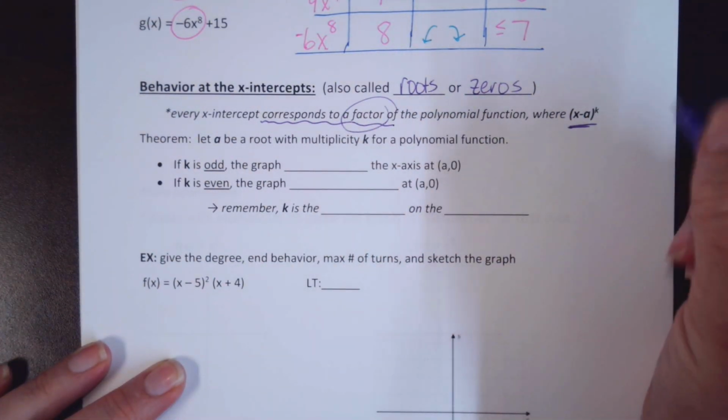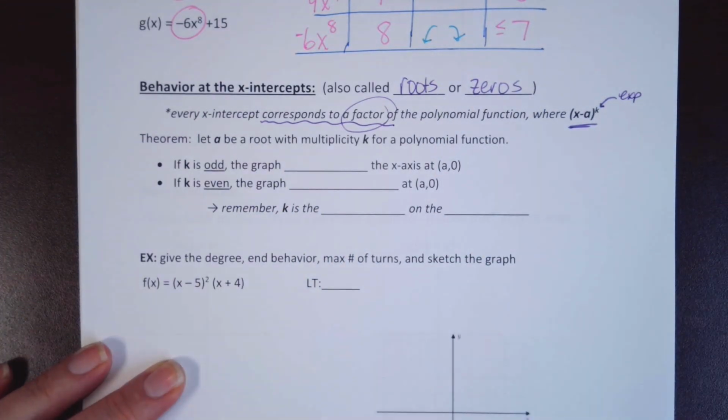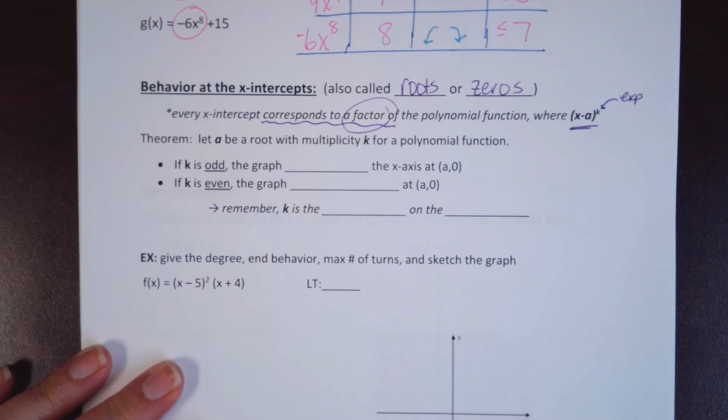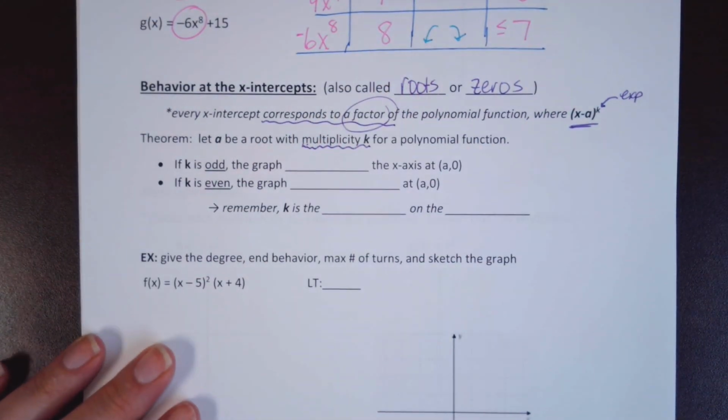And there's my factor. My factor has an exponent. That exponent or degree on the factor is my multiplicity. Multiplicity is the exponent on the factor.